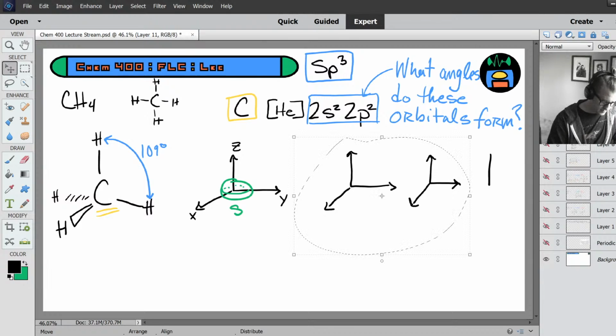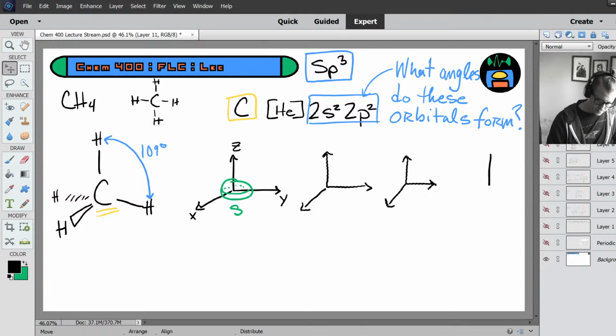Let me give my last 3-dimensional axis room to breathe. So we've got our z axis, our y, and our x.